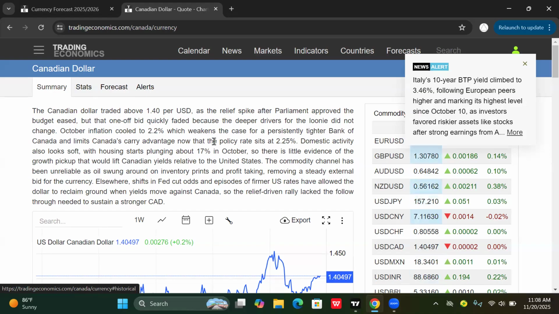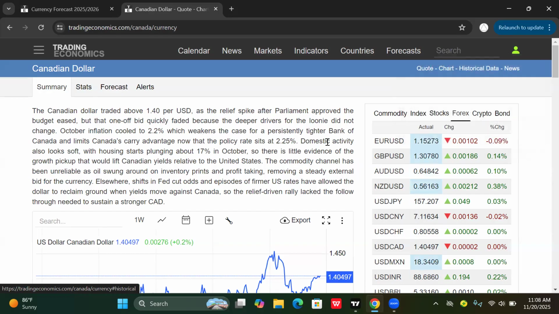Now, the policy rate sits at 2.25% and inflation is sitting at 2%. Domestic activity also looks soft, with housing starts plunging about 17% in October. There is little evidence of growth that will lift Canadian yield relative to the United States yield.